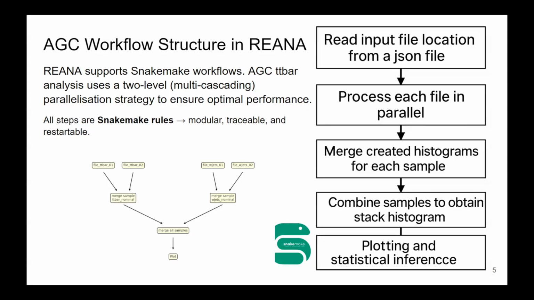We combine samples to obtain the stacked histogram and make the summary views needed for later statistics and diagnostics. We also do plotting and statistical inference, running the modeling and limit-setting steps. For these purposes, we use two-level parallelization, per file and per sample.